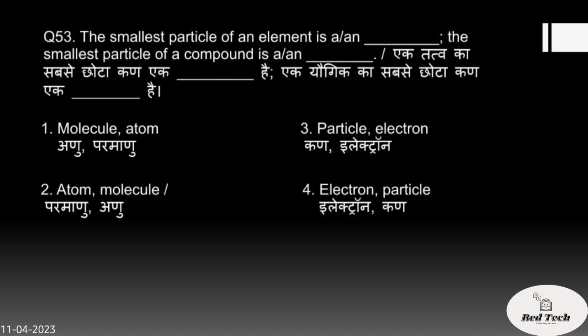Option 1 is molecule and atom, option second is atom or molecule, option third is particle or electron, option 4 is electron or particle. The smallest particle of an element is an atom, and the smallest particle of a compound is a molecule. So the right answer is option number 2, which is atom or molecule.